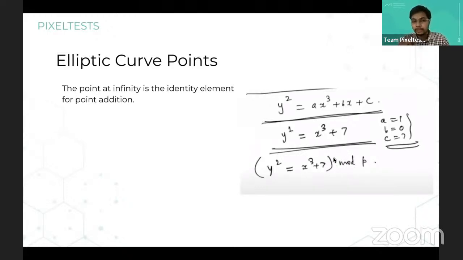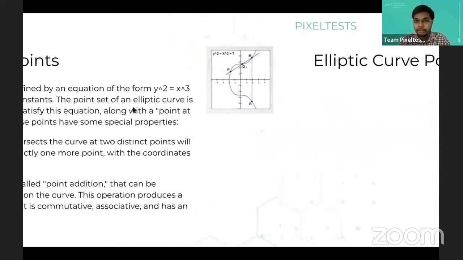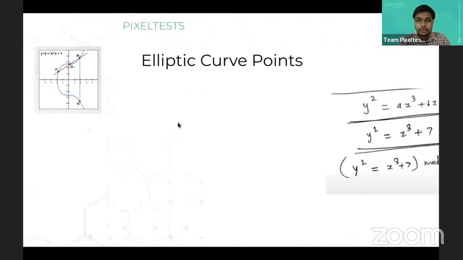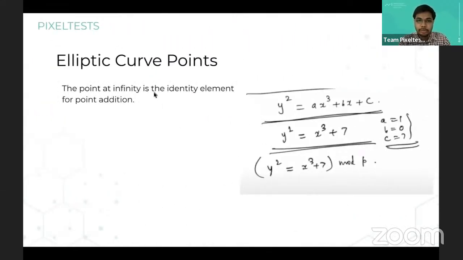Mod here is nothing but the remainder. We'll do this with an exercise, so it will be helpful. Now the point at infinity is denoted as 0 comma 0. Here the point at infinity, 0 comma 0, is the identity element for point addition.